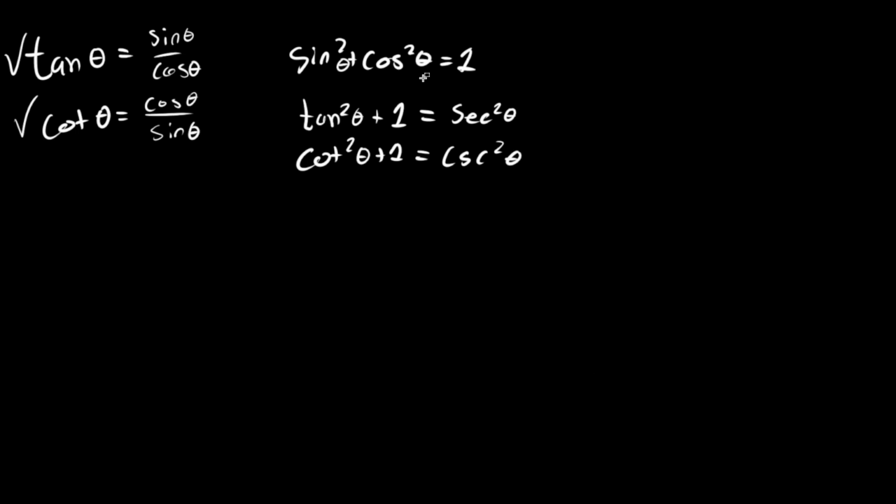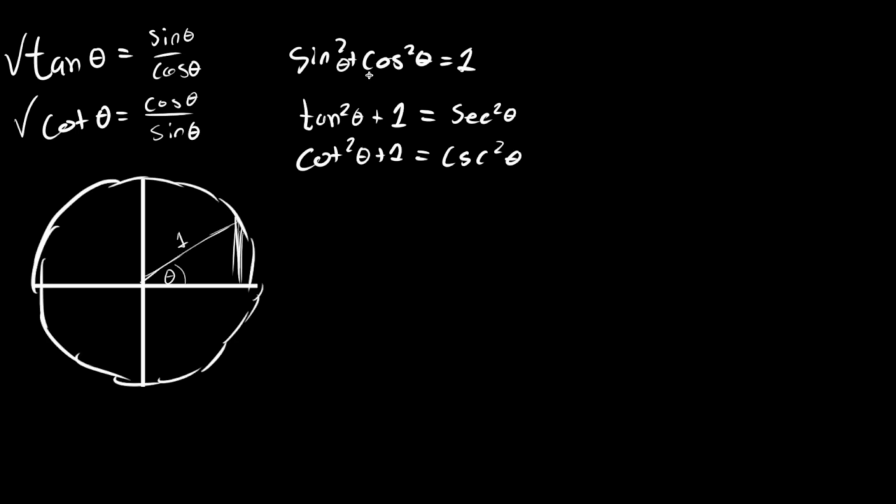And right now is where I am wishing I had our unit circle back to show this. So let me just draw that again real quick. So sine squared plus cosine squared equals 1. Where can that come from? Oh wait, look, we already defined our x as cosine theta and our y as sine theta.